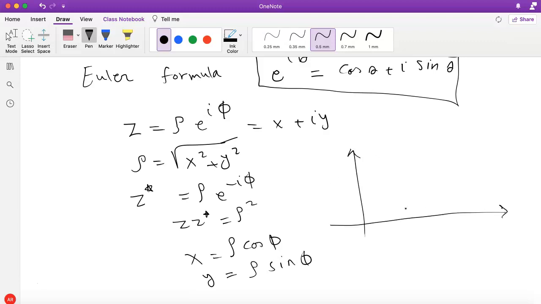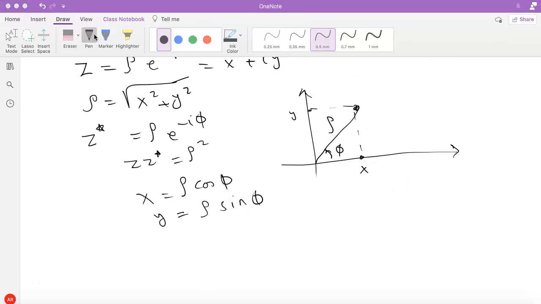So the geometric picture on the complex plane, again, if this is x, this is y, that's the point that we associate this complex number to. And this x plus iy is thinking in terms of Cartesian representation. This way is thinking about polar coordinates. So this length from here to here is rho, and this angle here is phi.